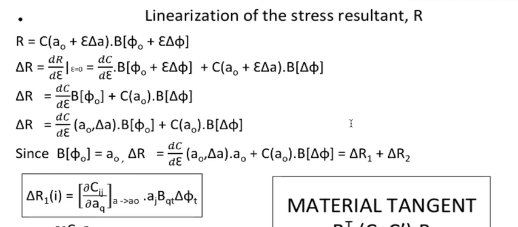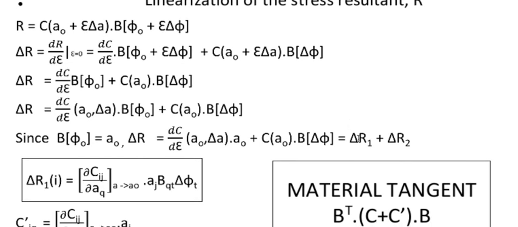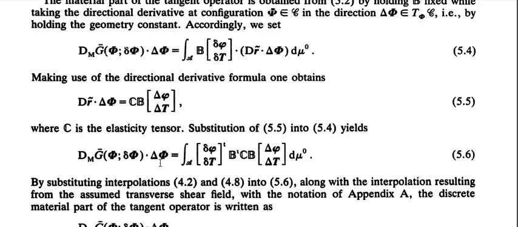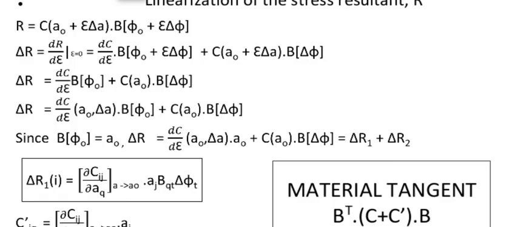Delta R will finally come as delta R1 plus delta R2, and what they have considered is just one of these, that is delta R2 only, which is the term C B delta phi.